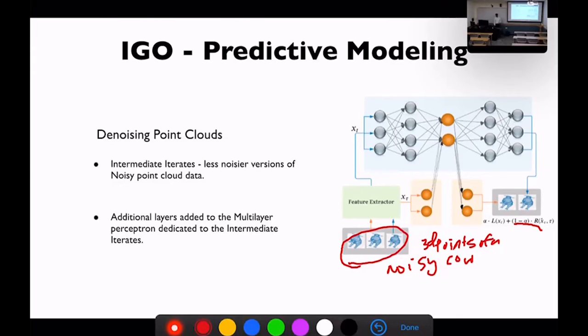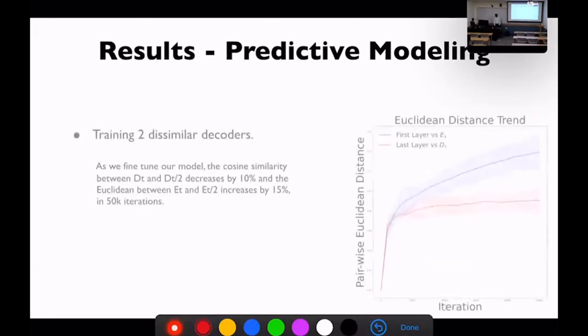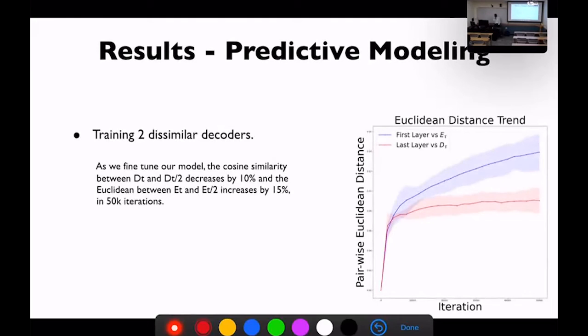So what we do is we use this multi-layer perceptron as a predictor, and we use a slightly more dedicated predictor for the intermediate iterates. We were also able to show that we are actually finding different decoders and encoders.